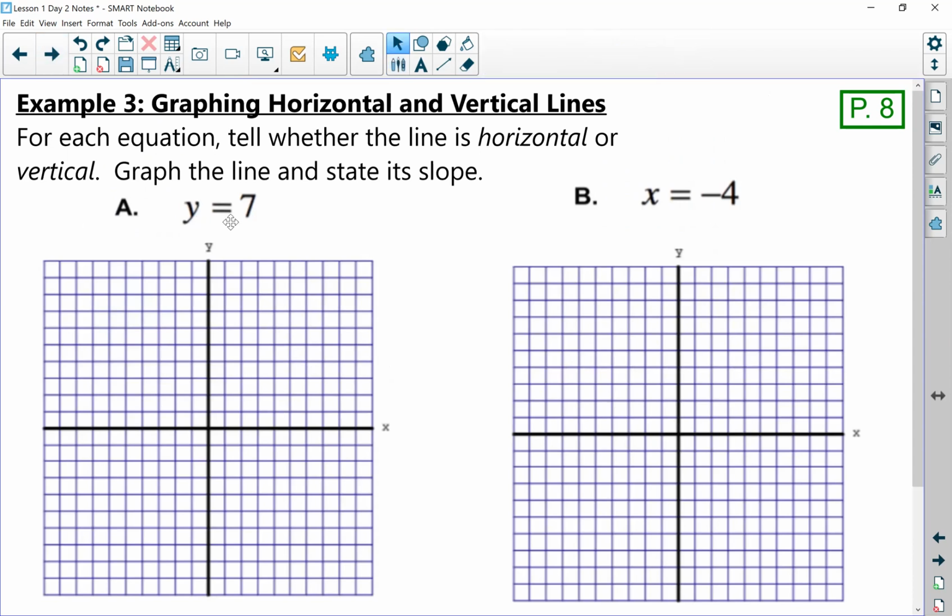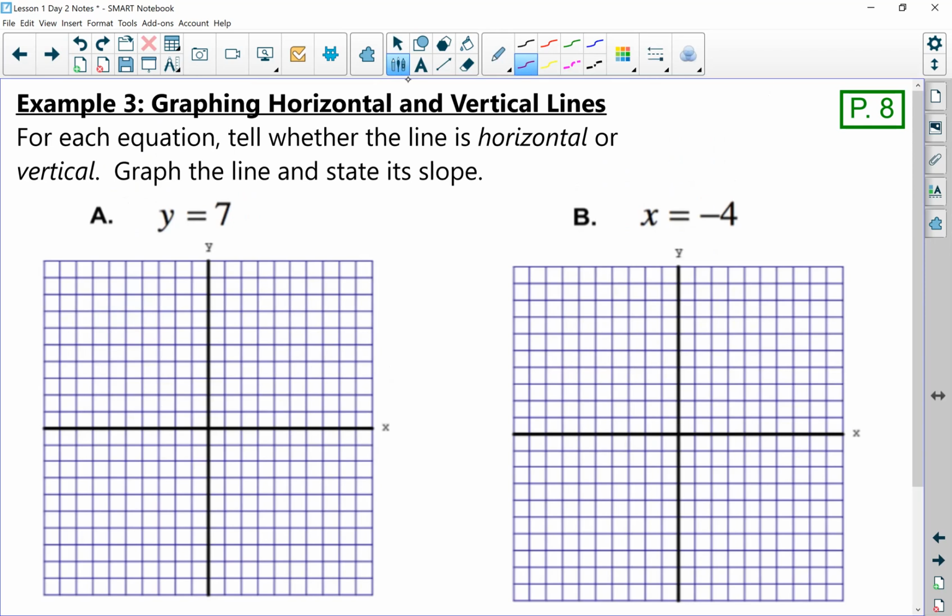So a couple of examples. Graph the line, state its slope, tell whether it's horizontal or vertical. So y equals 7. Remember, that means I'm going to cross the y-axis at 7, and I'm not going to cross the x-axis. So it's going to go that way.